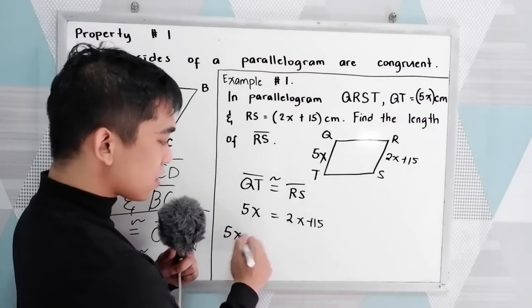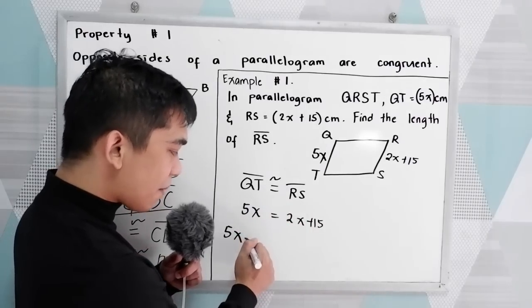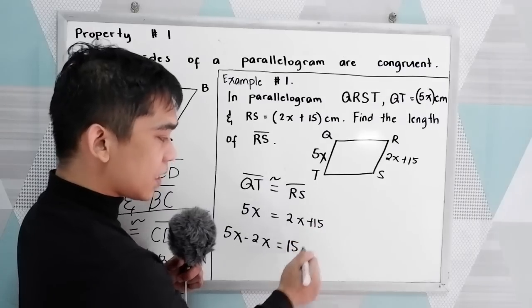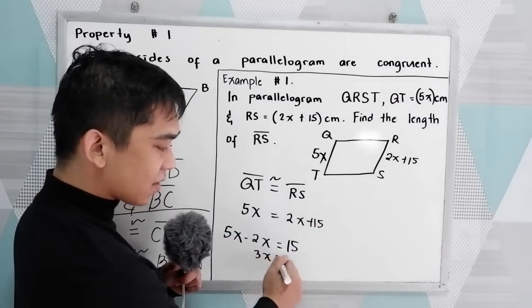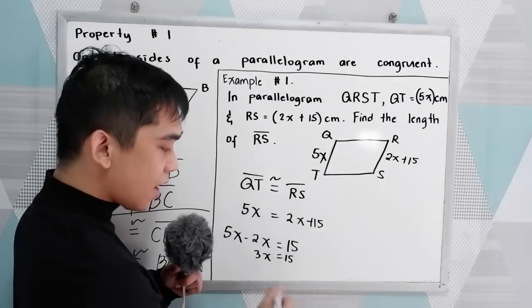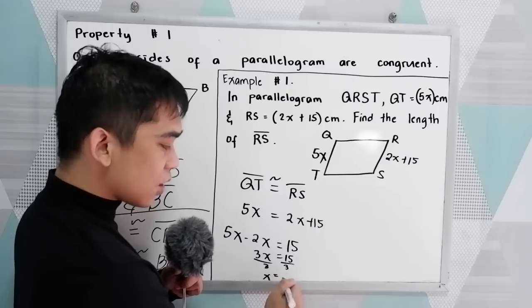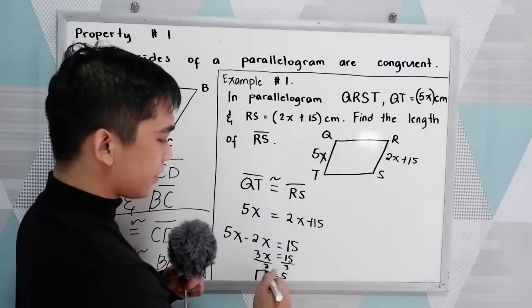So 5x, move positive 2x from the right going to left. So that will become negative 2x is equal to, just copy 15. 5x minus 2x, that is 3x is equal to 15. Now divide by 3. So x is equal to 15 divided by 3, that is 5.